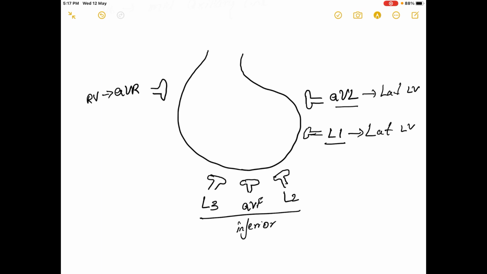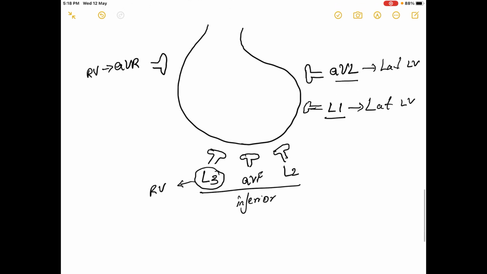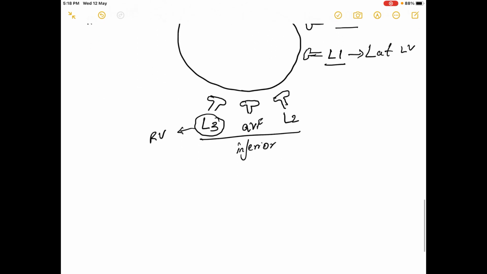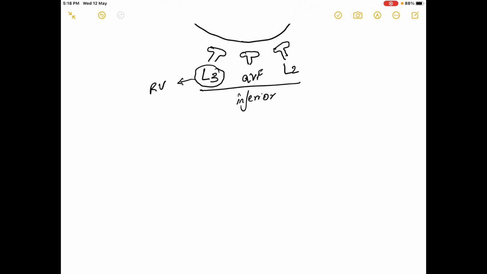Lead 3 also contributes in part to the right ventricle along with the inferior leads. So this is with the limb leads, and when it comes to chest leads, V1 and V2 measure the right ventricle, septum and posterior wall of the heart.